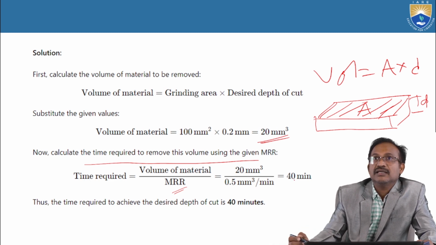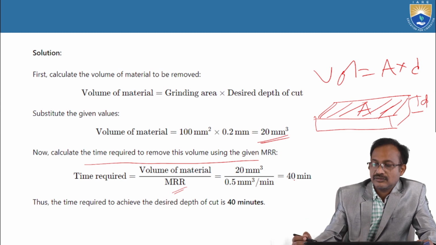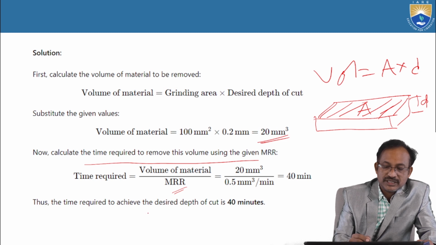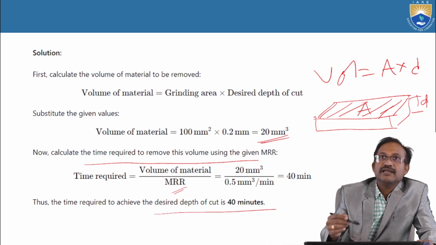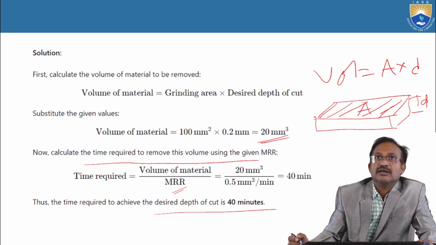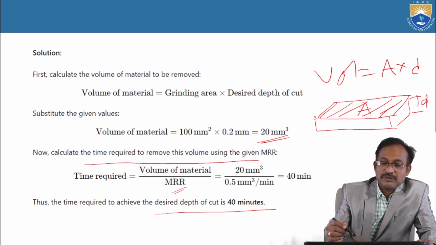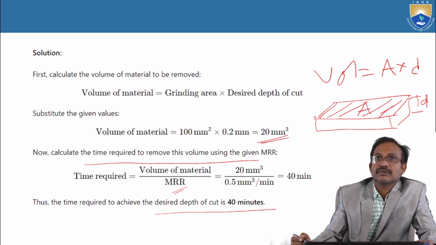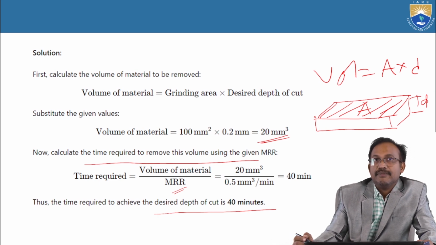The value is finally 40 minutes. Thus the time required to achieve the desired depth of cut is 40 minutes. So in 40 minutes, the grinding area 100 mm square and depth of cut 0.2 mm can be achieved.